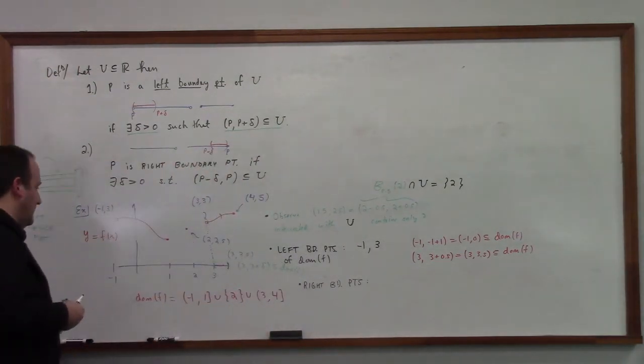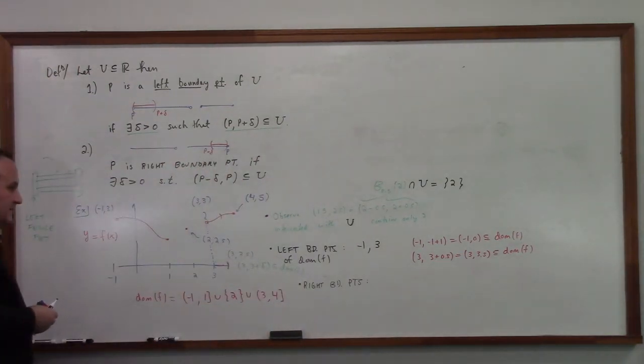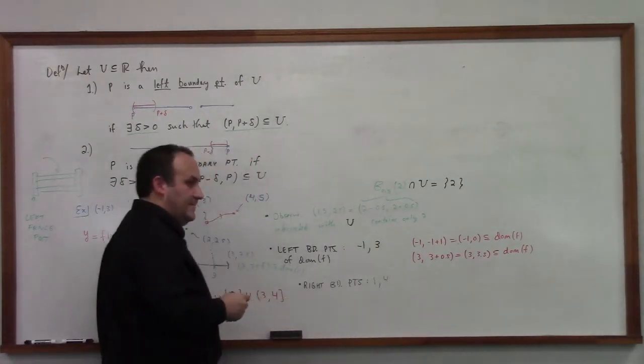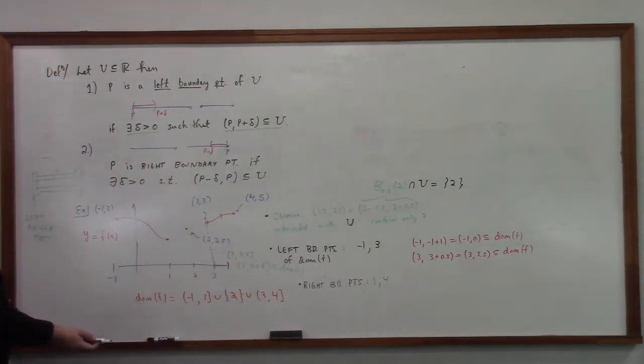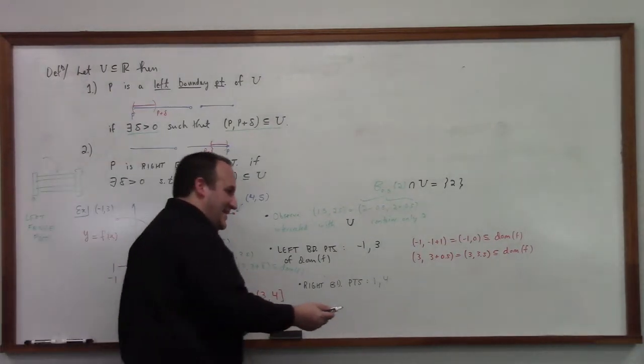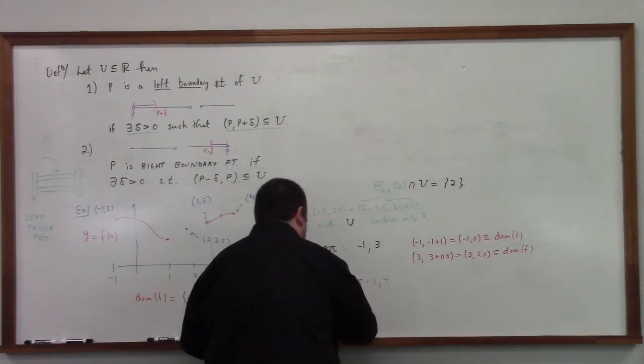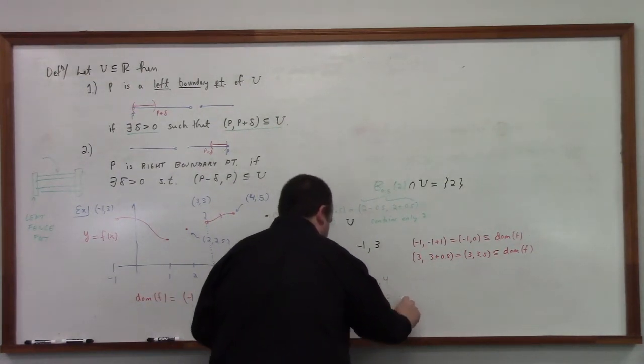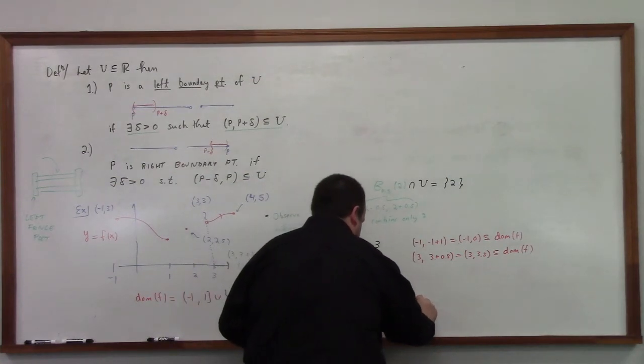I heard right boundary points would be 1 and 4. Right. And the evidence for that, if I wanted to give evidence, would be 1 minus 0.5, comma 1, which of course is 0.5, comma 1.